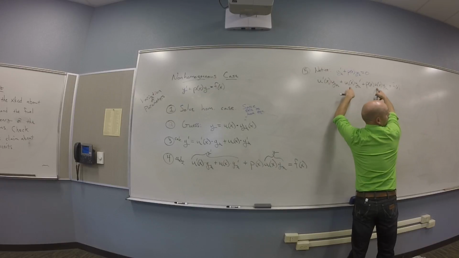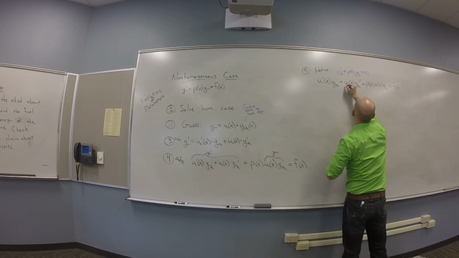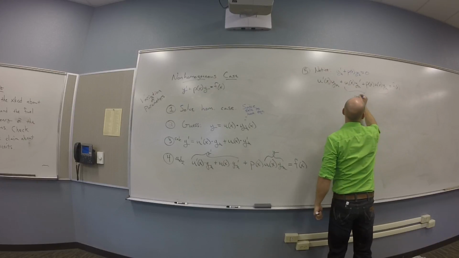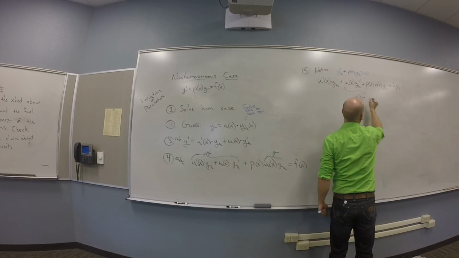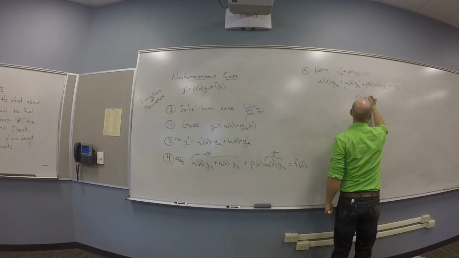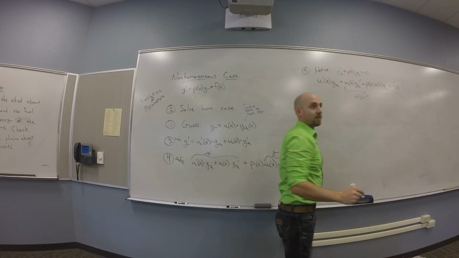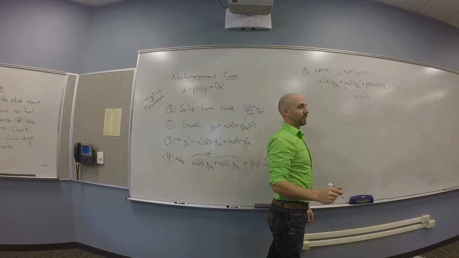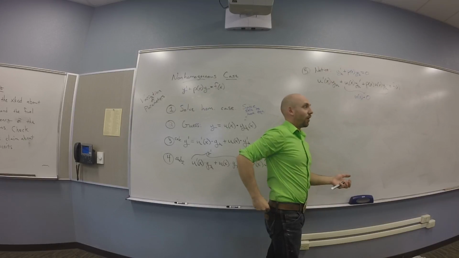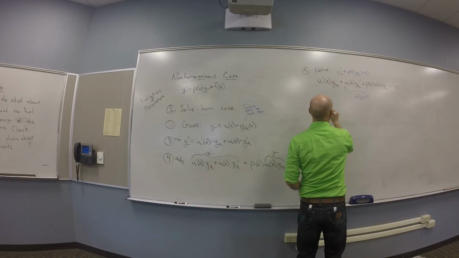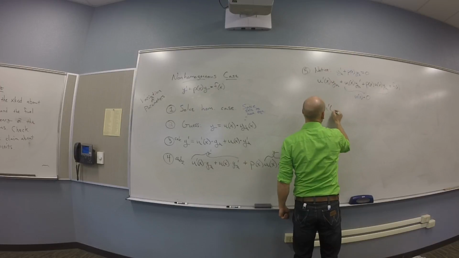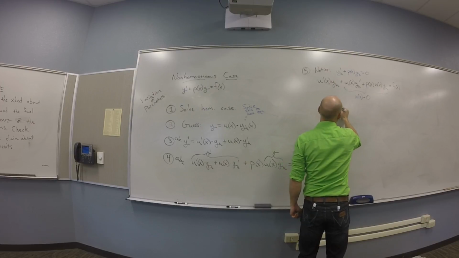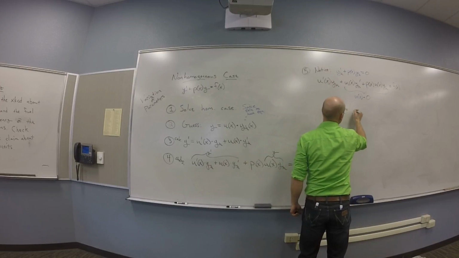Oh, I could factor a u out of that stuff. You guys see that? So this stuff here is u of x times 0, which is 0, right? So what you get is u prime of x times yh is f of x.